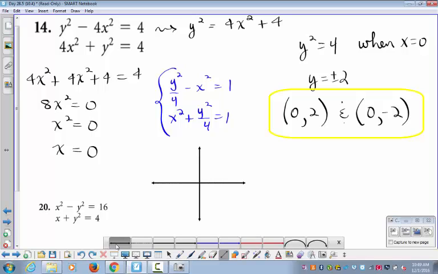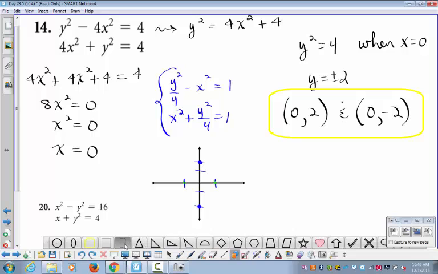And the hyperbola up there, is it open vertically or horizontally? Vertically because the y's are before the minus. The center is the origin. How far up and down do we go from the center? 2. Those are on the graph. How far right and left do we go? Just 1, and that will be for the conjugate axis.